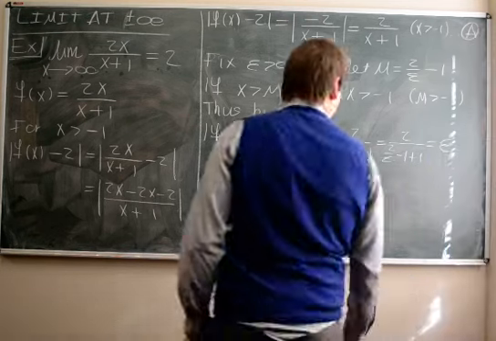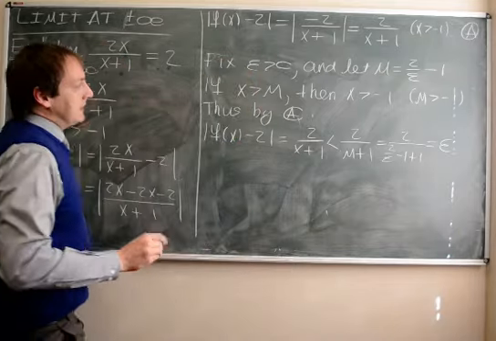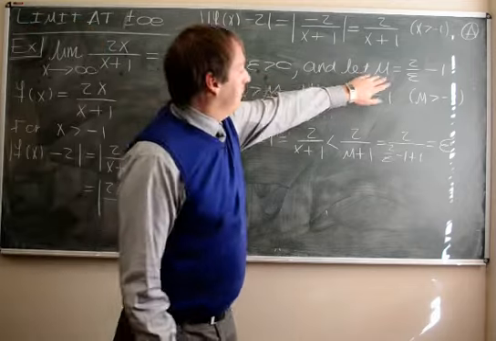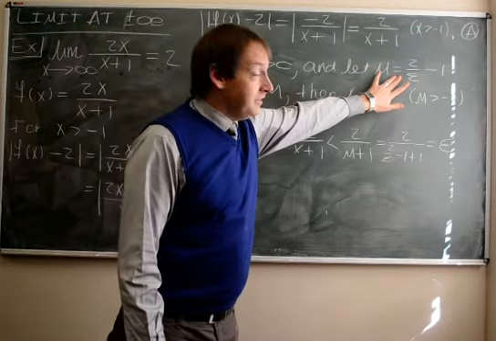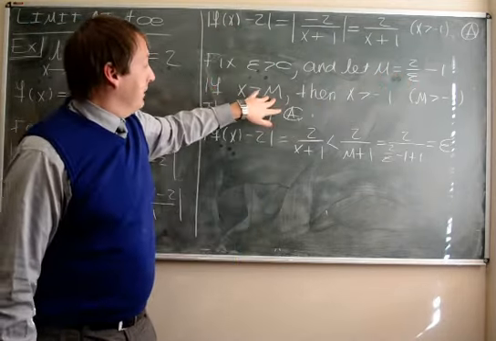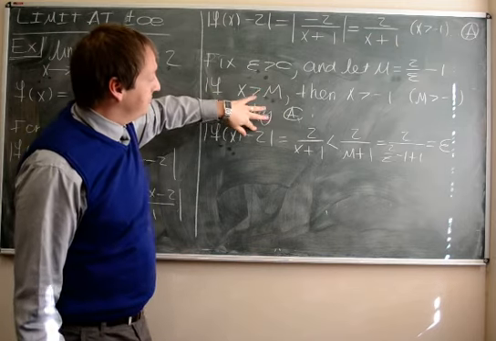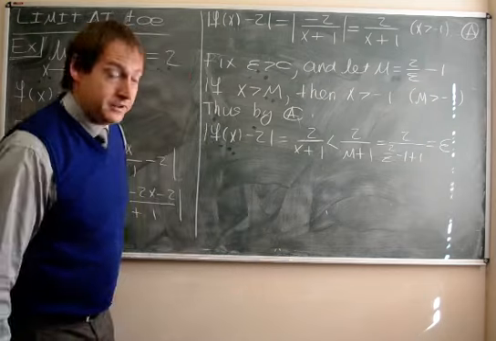So, this is exactly what we wanted to prove. For any epsilon bigger than 0, there is an M, and we found it, so that if x is bigger than M, then absolute value of f of x minus 2 is less than epsilon.